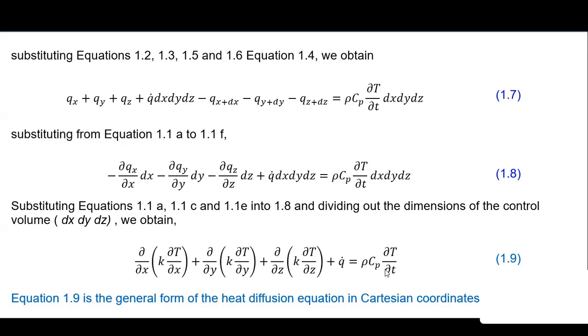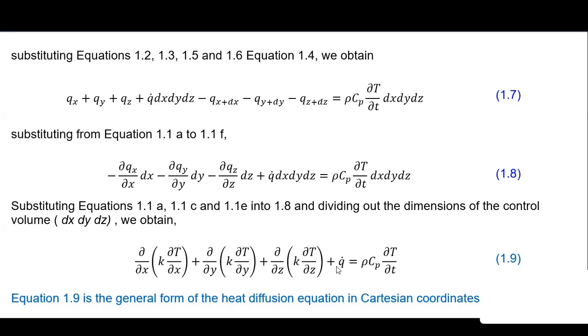Now let us discuss further. We understood the concepts of these terms. Now, if the problem is of steady condition, it means temperature is not changing with respect to time. So under steady condition, this term del T upon del t will become 0. It means that this entire term will become 0, and the left hand side will become equal to 0 under steady conditions.